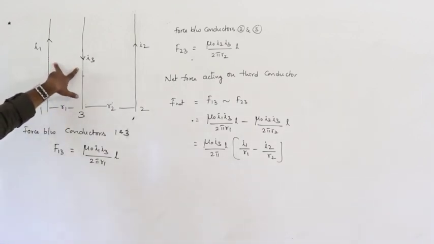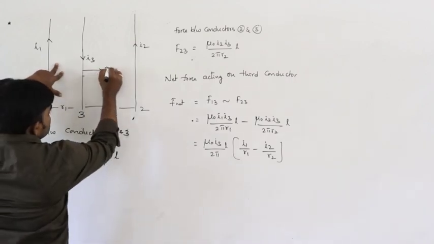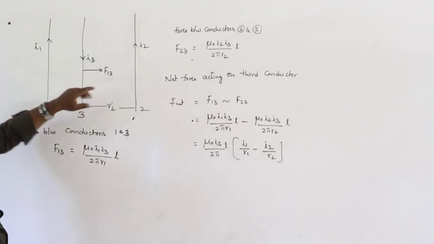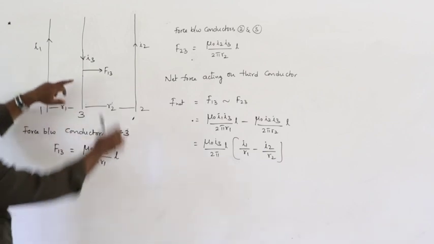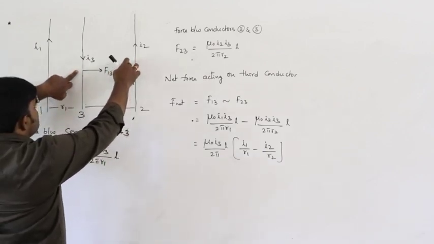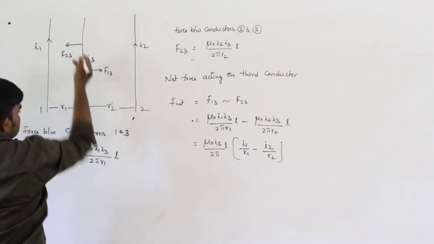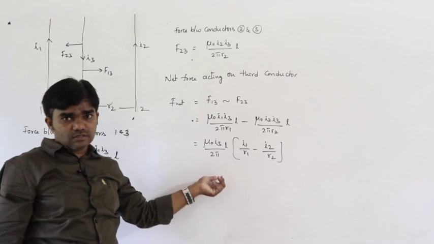I1 and I3 are in opposite direction, so there exists a force of repulsion, that is F13. I2 and I3 are also in opposite direction, so there exists a force of repulsion, that is F23. Same condition, both the forces are in opposite direction. So net force is like this.